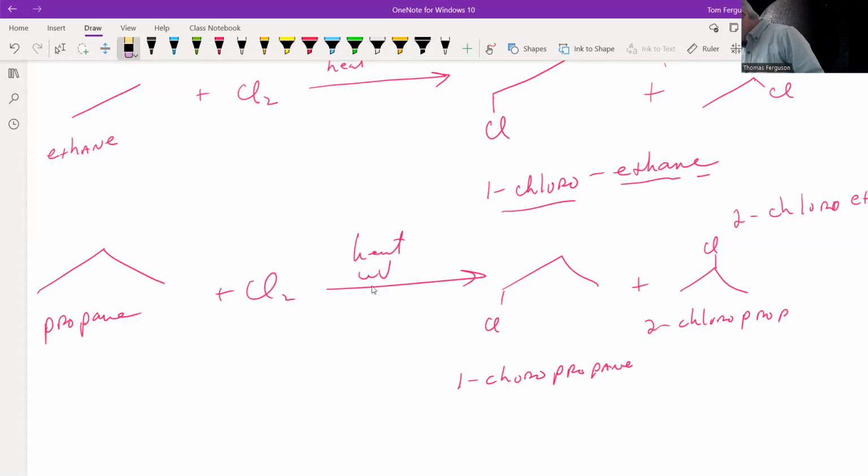Sorry about my handwriting, you guys. Whenever you have a mixture, you got to circle the one that's more stable. And this is symmetrical.